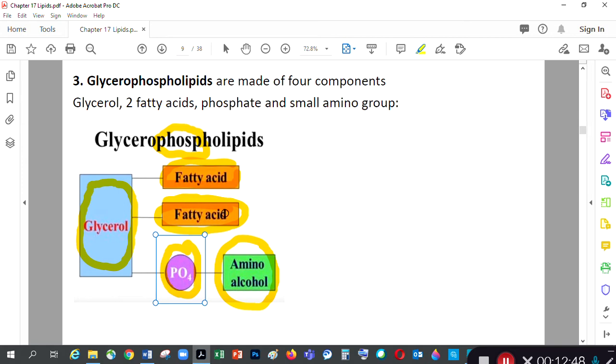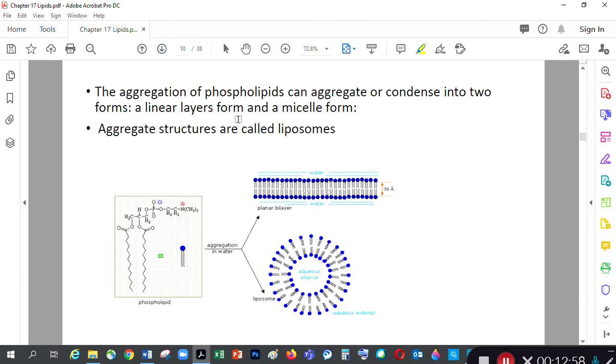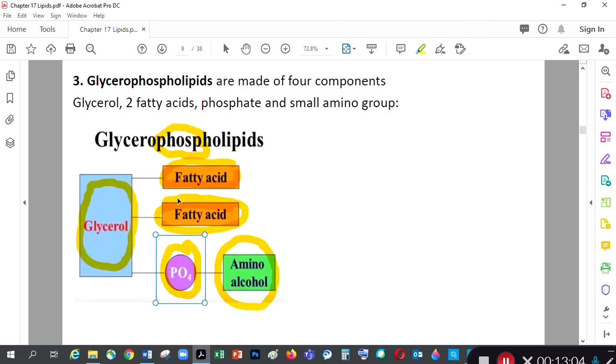We are replacing the 3rd fatty acid with phosphate and amino alcohol, correct? So this amino alcohol also has a specific name, choline. So now, if you look at the phospholipids, you have a very unique thing. This is polar here. Here it is. This is polar.